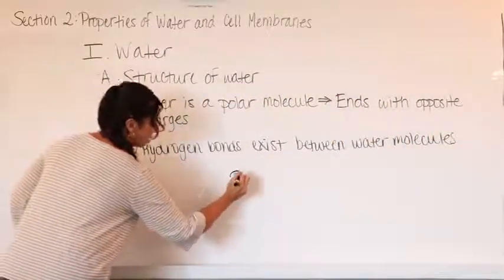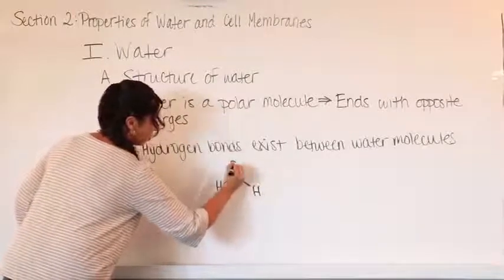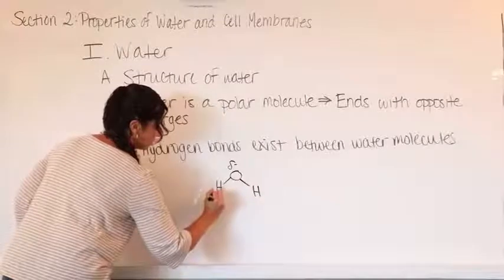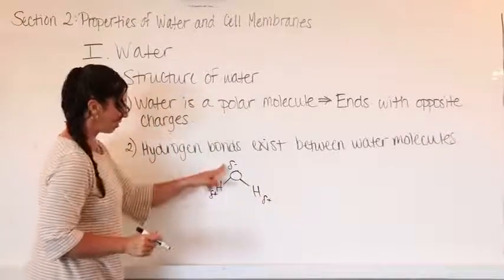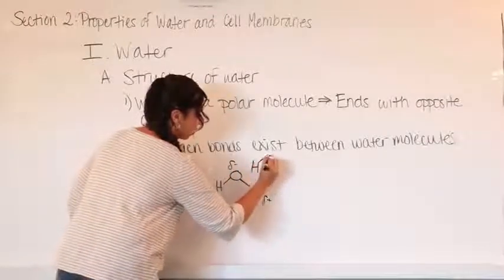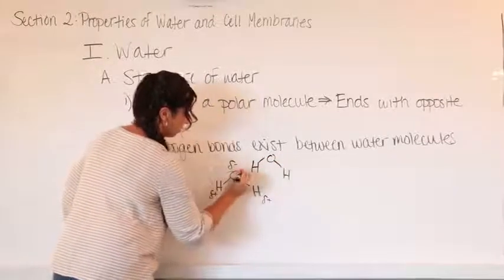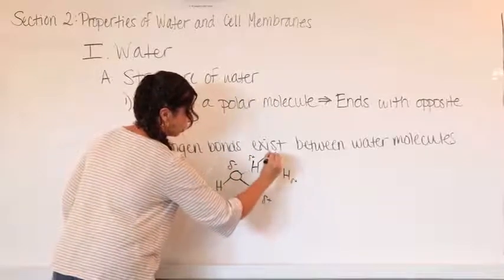If I have my oxygen and my hydrogens, I've got my partial negative here, my partial positive, partial positive. This partial negative on the oxygen is going to be attracted to a nearby water molecule like that, because my hydrogens are partially positive.